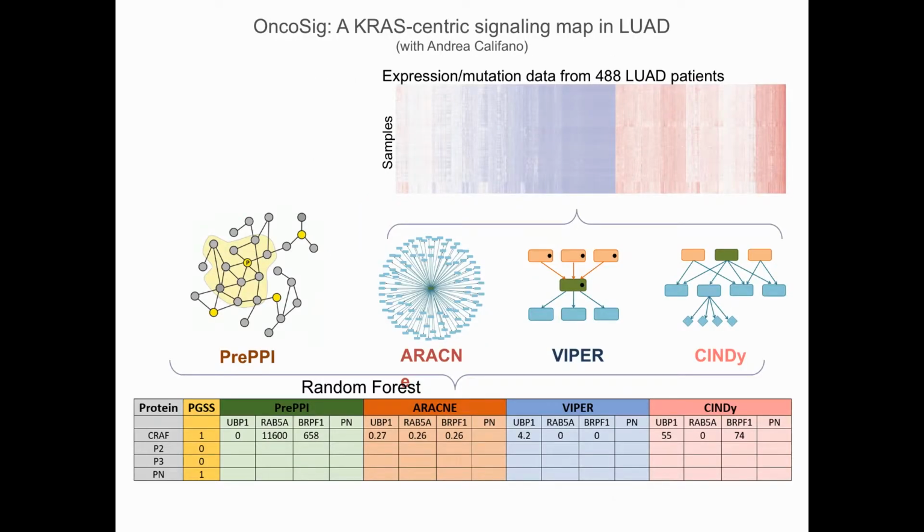Another thing we've done with PrEP is to integrate it with regulatory networks from Andrea Califano's lab. Andrea and I collaborate very closely, so he's come up with programs and networks called Arachne, Viper, and Cindy based on the analysis of tumor samples, and we combine those with PrEP using random forest.